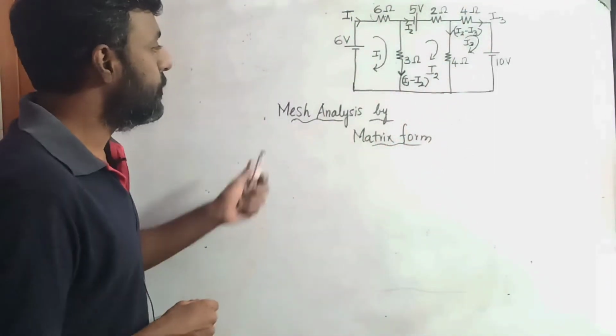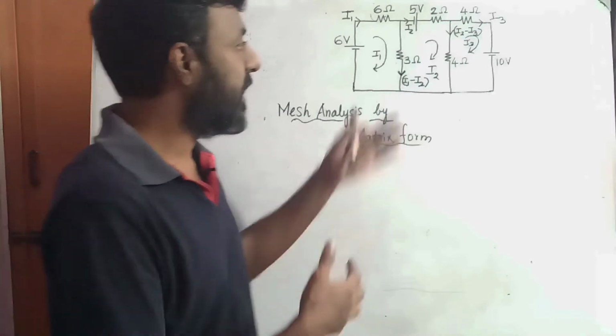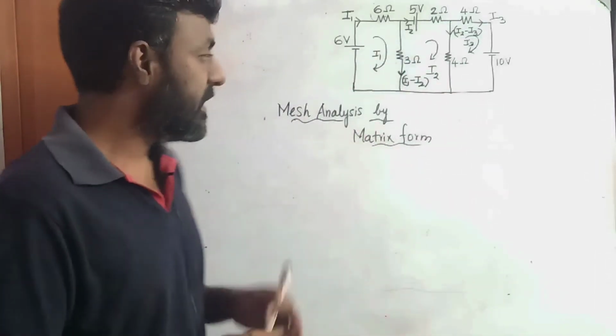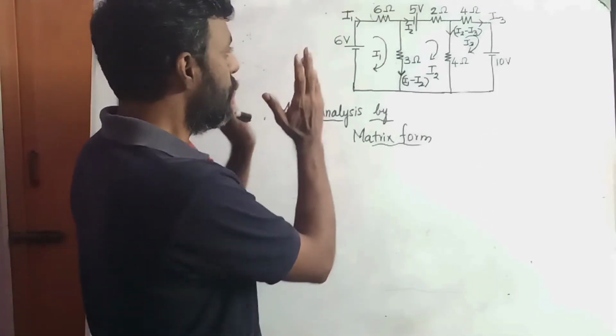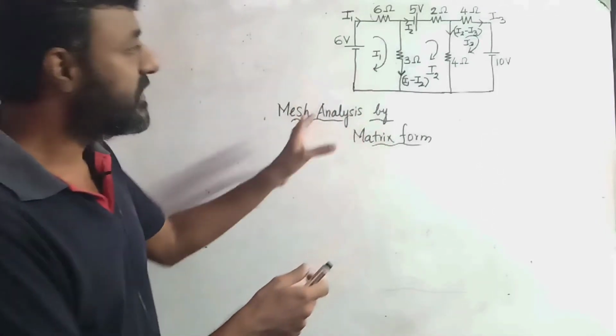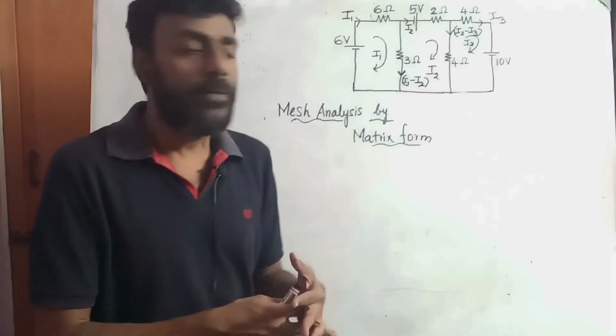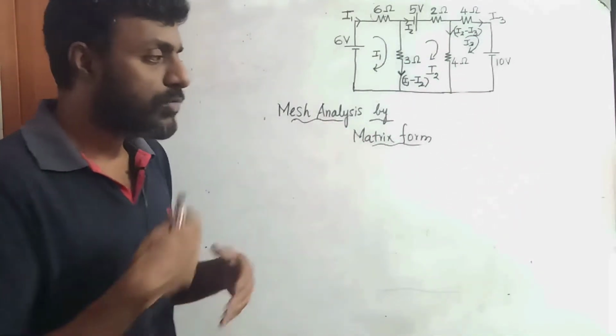Okay, so we have different types of methods for finding the current. There is no specific rule that we need to find the current only by this method or that. We have the nodal analysis method, the loop current method, and the mesh analysis method. So many methods are there.